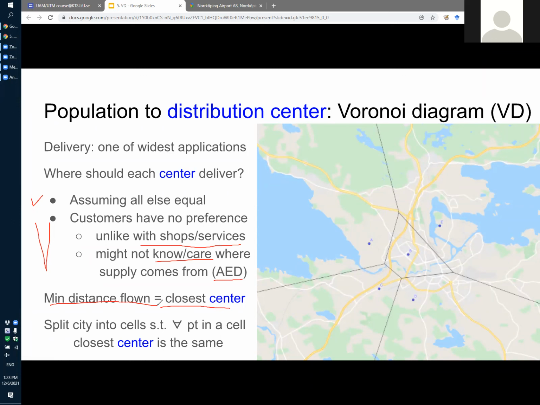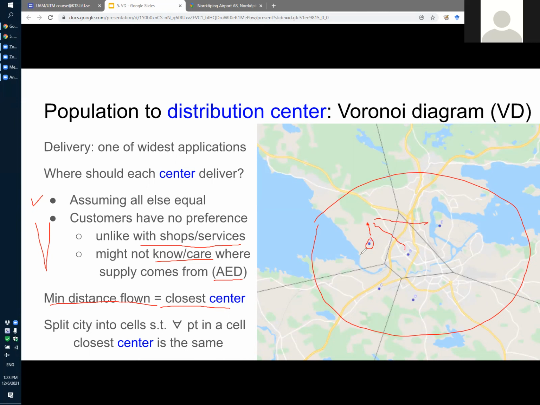or in other words, we want to split the area, our region, into the cells, so that within every cell there is one distribution center that takes care of all the customers in the cell, and the distance to this distribution center from any point in the cell is smaller than the distance to any other distribution center.